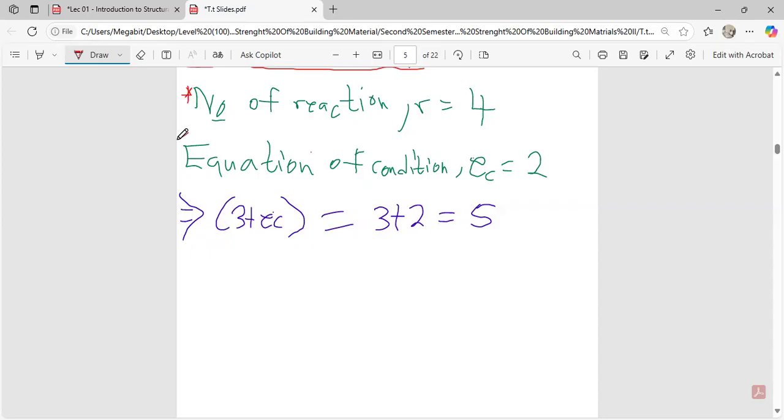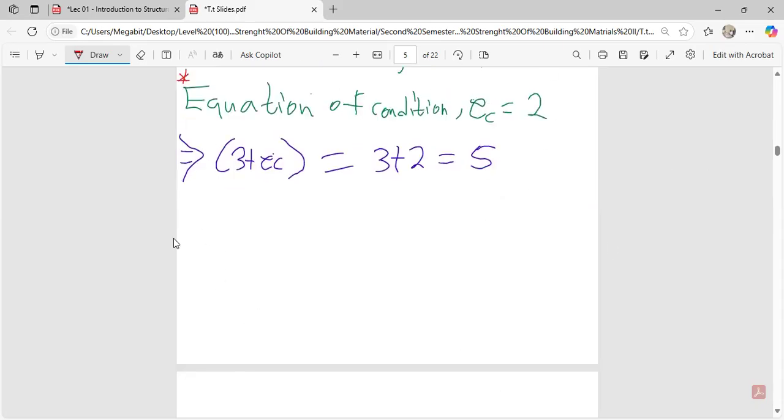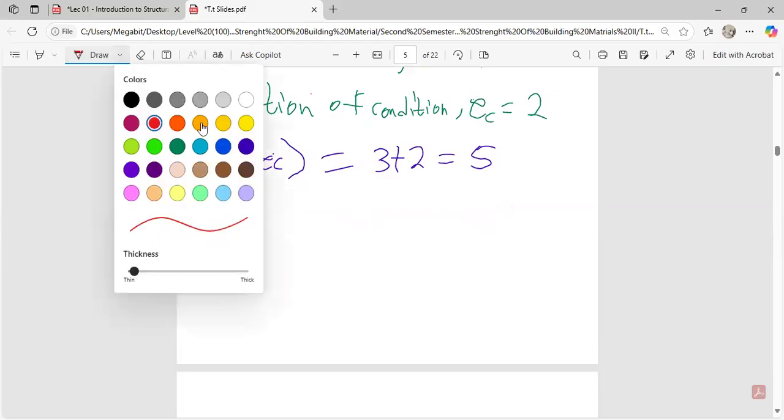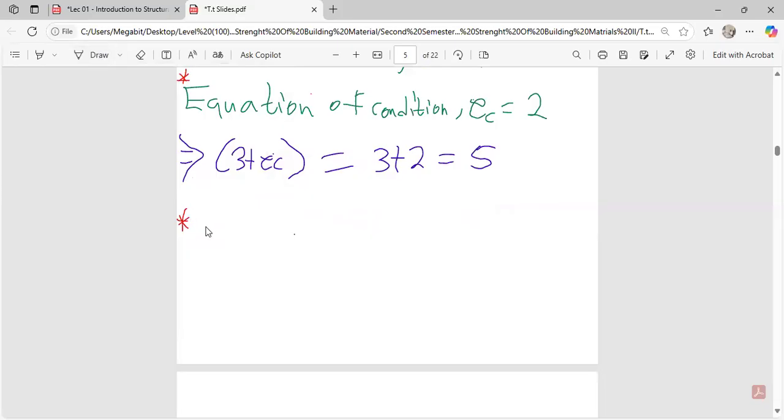This is also a continuation of this. This and this I've written over here is just a continuation of that, but I can't continue over there. That's why I've come to the next line. So in our third aspect, what are we going to be doing? We're going to be doing the therefore in this case. And what is our therefore going to become? We say that R is lesser than 3 plus EC.